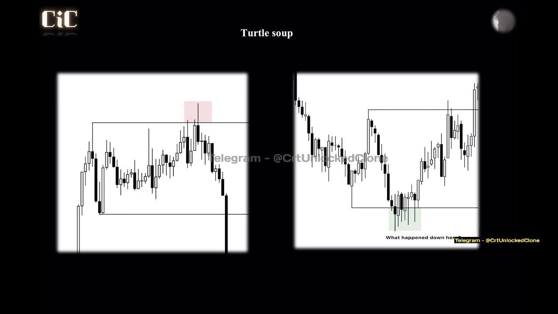Right? So market makers, they need old highs and lows. This is the advantage we have over them, is we'll know that they will always need our highs and lows in order to accumulate, manipulate, and distribute. You can't manipulate unless it's above an old high.